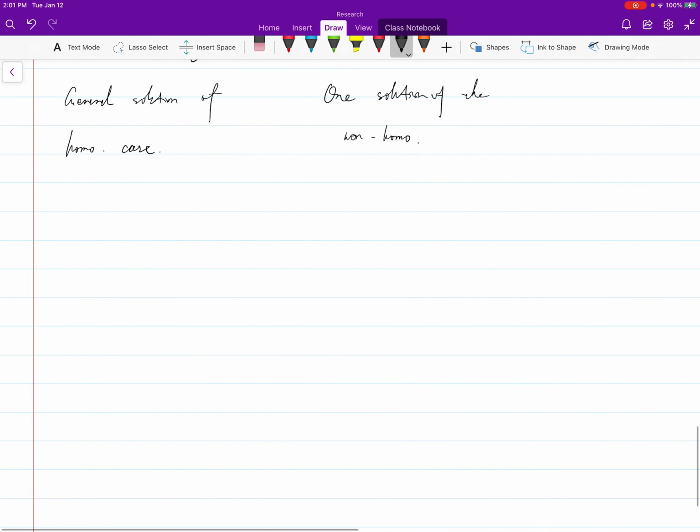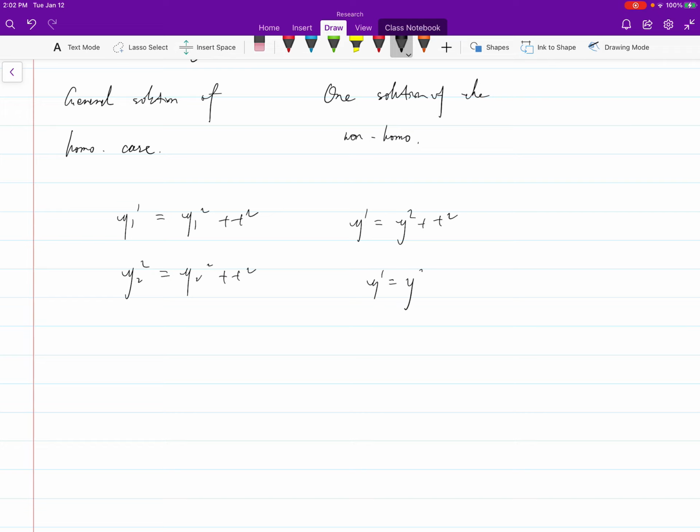Okay, if you have a nonlinear, simply something like this. For example, let's say we have a nonlinear differential equation, and we have two solutions satisfying both. Okay, the corresponding homogeneous is going to be this one with 0.